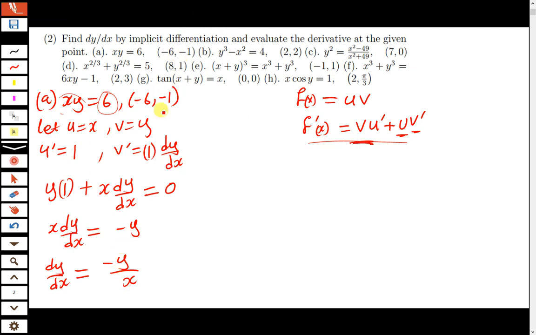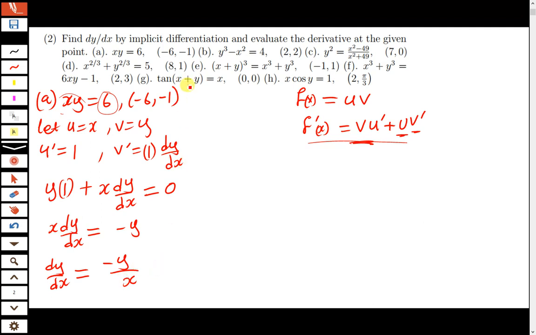We can now find the value of dy/dx at the point (-6, -1). Meaning we just replace -6 and -1 in this derivative.